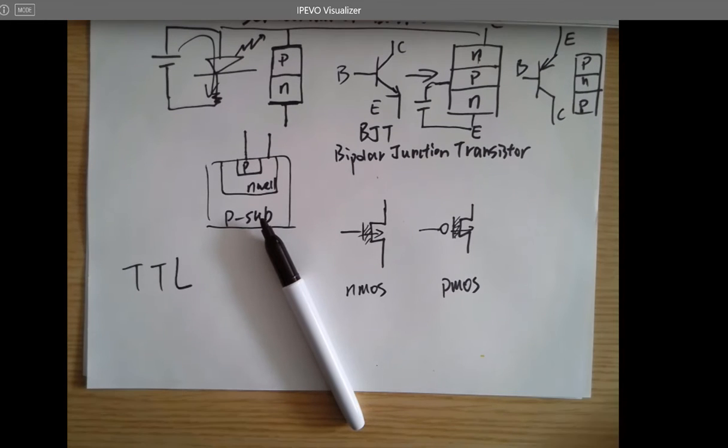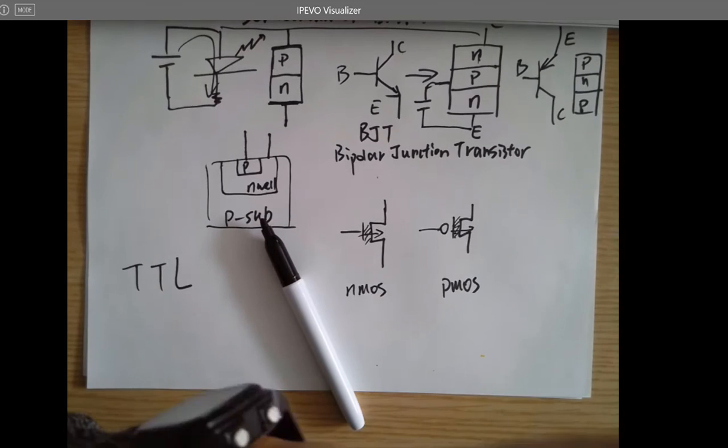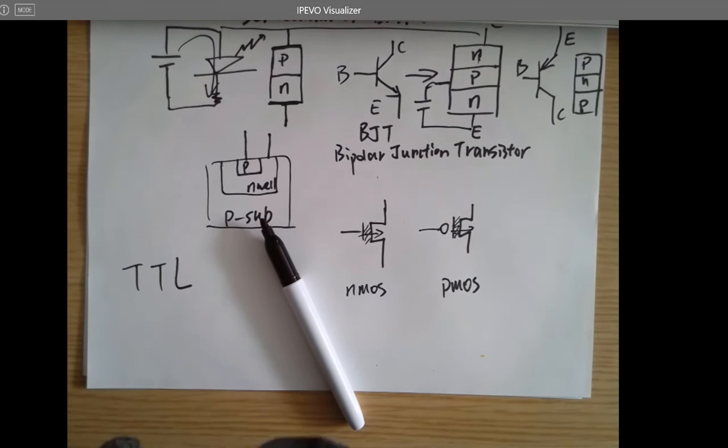If you have a 64-bit CPU, you need 64 bits or pins to get the job done. But with serial communication, you can have just one pin and just clock it, use a specific communication protocol to finish all the cycles. So it can save a lot of space on the chip, which is critical.